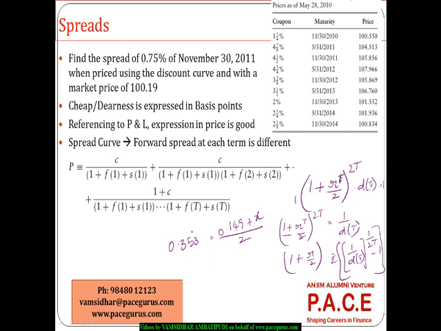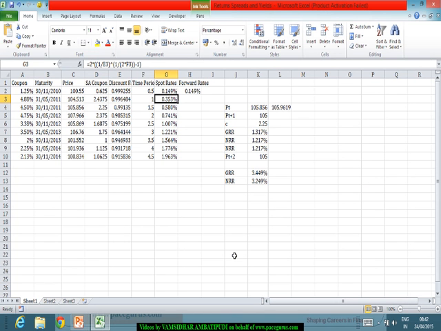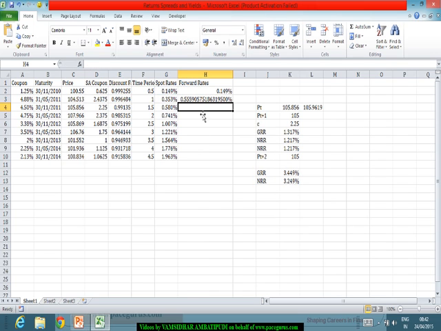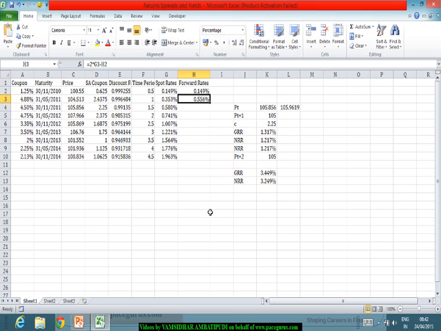So it becomes twice this minus 0.149. If I want an approximated figure, this is nothing but twice of this minus this. This will give me the forward rate appropriately. The approximate forward rate that comes is 0.556% here.